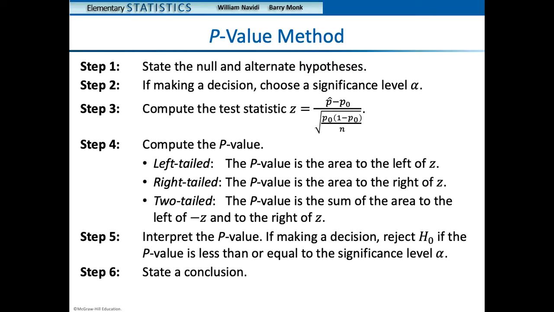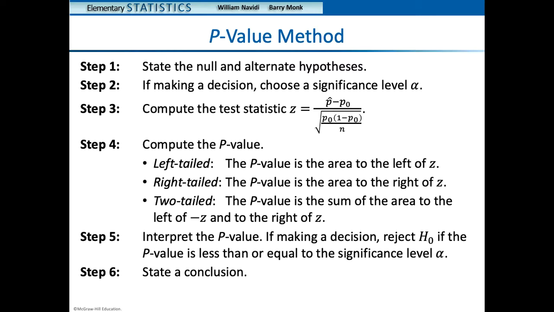Step 4, compute the p-value. If it's a left-tail test, the p-value is the area to the left of z. If it's a right-tail test, the p-value is the area to the right of z. If it's a two-tail test, the p-value is the sum of the area to the left of negative z and to the right of positive z.